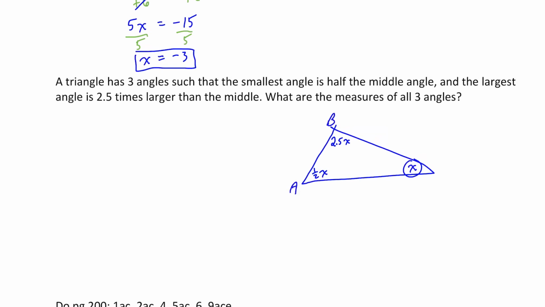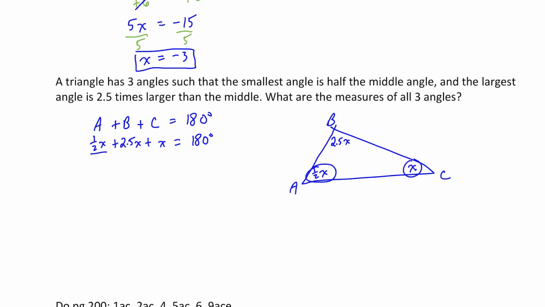So I know if I call this A, B, and C, that A plus B plus C is equal to 180 degrees, assuming A, B, and C are the measures of each angle. So we'd have half x is angle A, plus B, which is 2.5x, plus C, which is x, is equal to 180 degrees.